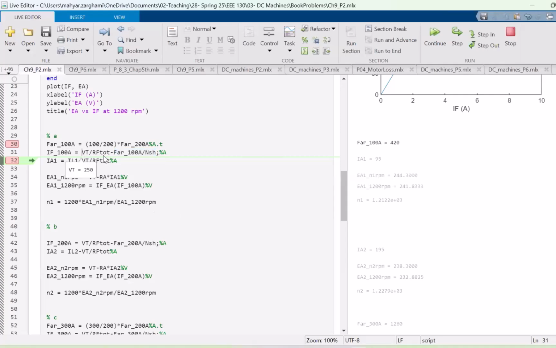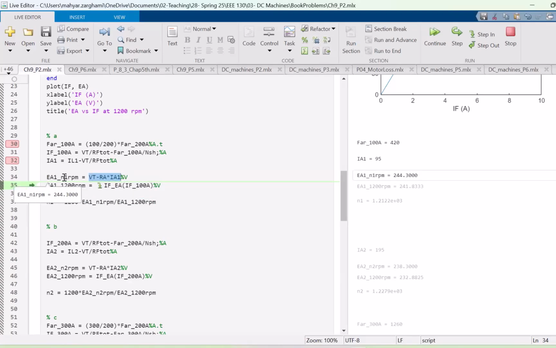This is the actual field current, and we need to subtract from it this value, which is the effect because of the armature reaction. But IA is calculated through IL minus VT over RF total. So the calculation of IA would not be impacted by the effect of armature reaction, if that makes sense. And then we find our actual EA, which is basically VT minus RA times IA.